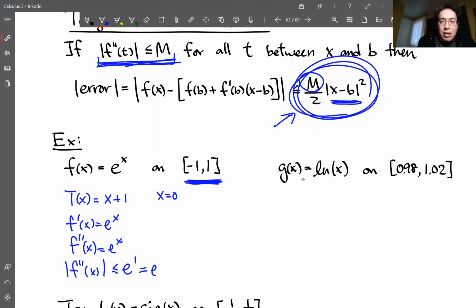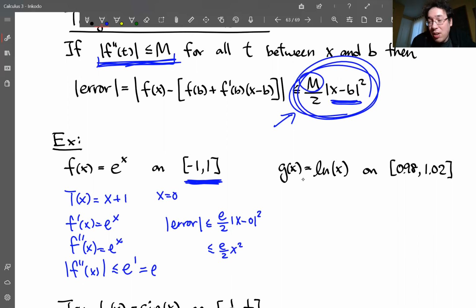Okay. So using the formula, the error is less than or equal to e divided by 2 times (x minus 0) squared, where 0 is the place it's tangent at. So you could say e over 2 times x squared is the worst case scenario.